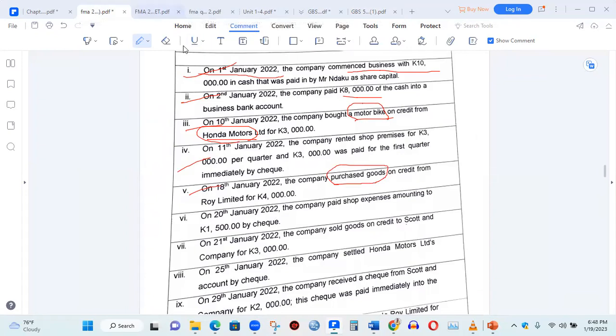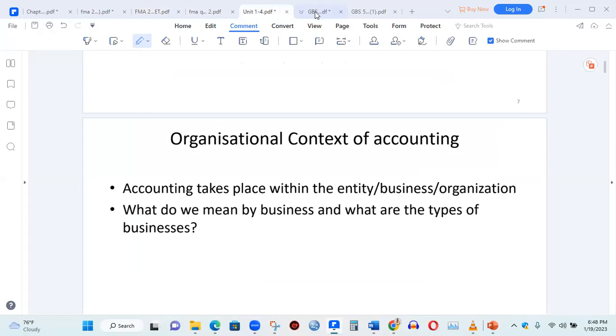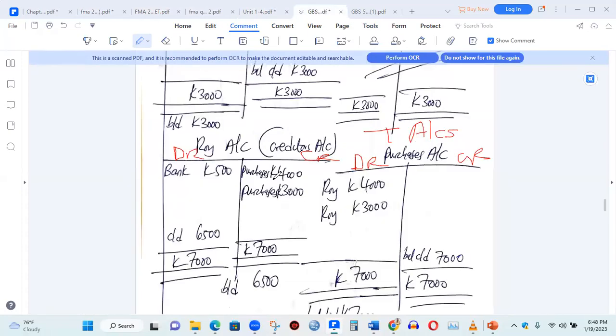So meaning that as we get to the information given in this question for Roy, 4,000 kwacha was purchased. Okay, so purchases of 4,000. That came from Roy. So purchases was gaining, which is 4,000.